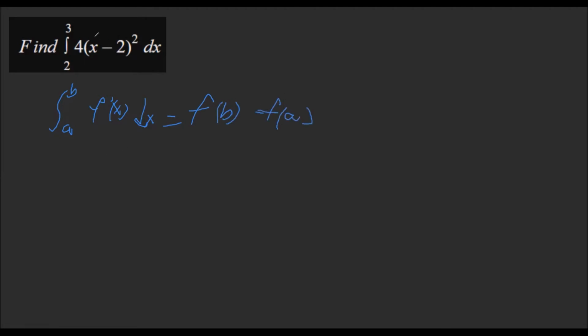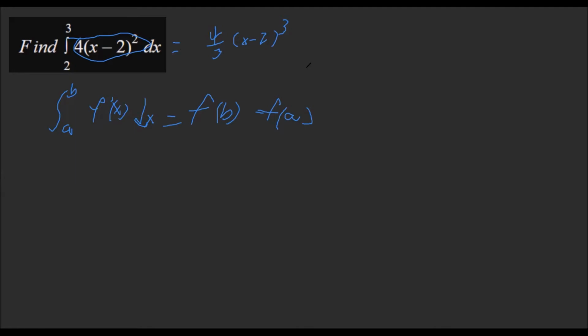So the first thing we're going to do is find the antiderivative of the integrand here. So the integral of this term over here is 4/3 (x minus 2) cubed plus c, although when dealing with bounded integrals, we don't have to deal with plus c, which is great. So this over here is the antiderivative.